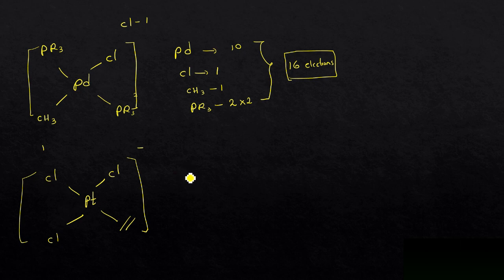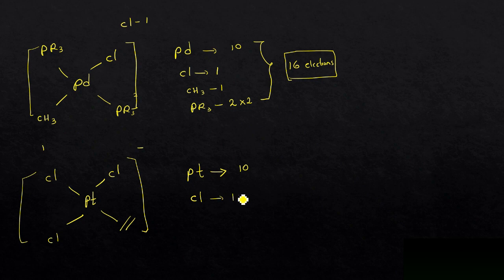So if I do this, we have platinum. Find the total number of electrons in its last energy level. Do not consider anything about its oxidation state. Just find the electrons of the platinum. Platinum contains 10 electrons. Then in the second step, you need to find the total number of electrons contributed by the ligands. Here we have chlorine.